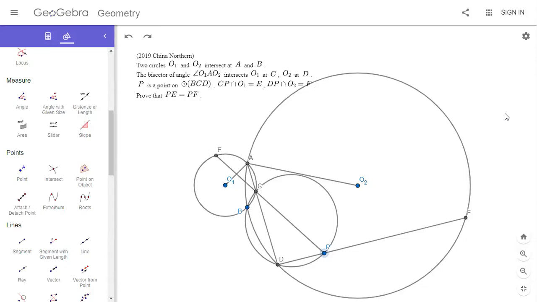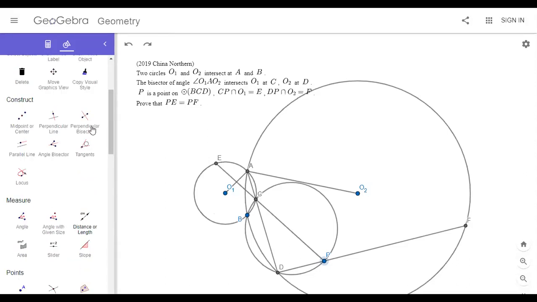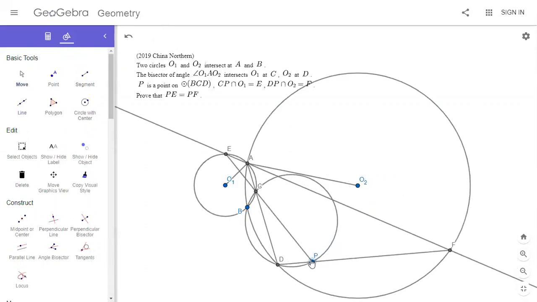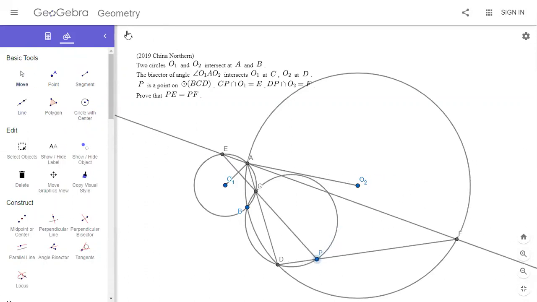Let's see. Maybe congruent triangles somewhere. Are E, A and F collinear? Looks possible. Yes. They are collinear. Let's see if there's a way to see that.